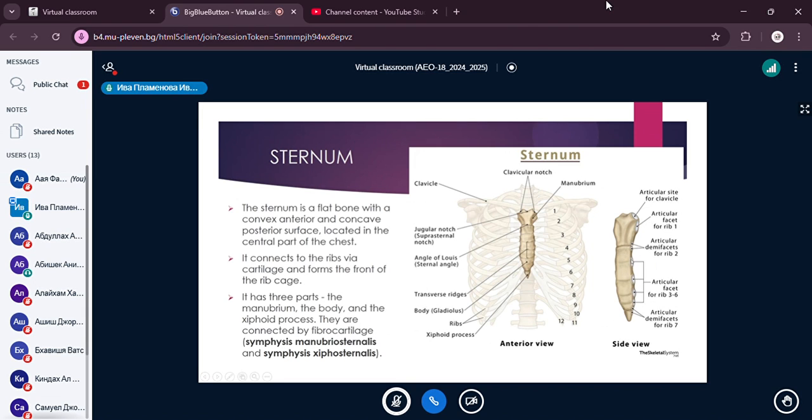Here you can see the facets for the third to the sixth rib. And of course, we have half part of the facet for the seventh rib on the body, and half part of the same facet for the seventh rib on the xiphoid process. That's it. Sternal angle between the manubrium and the body.